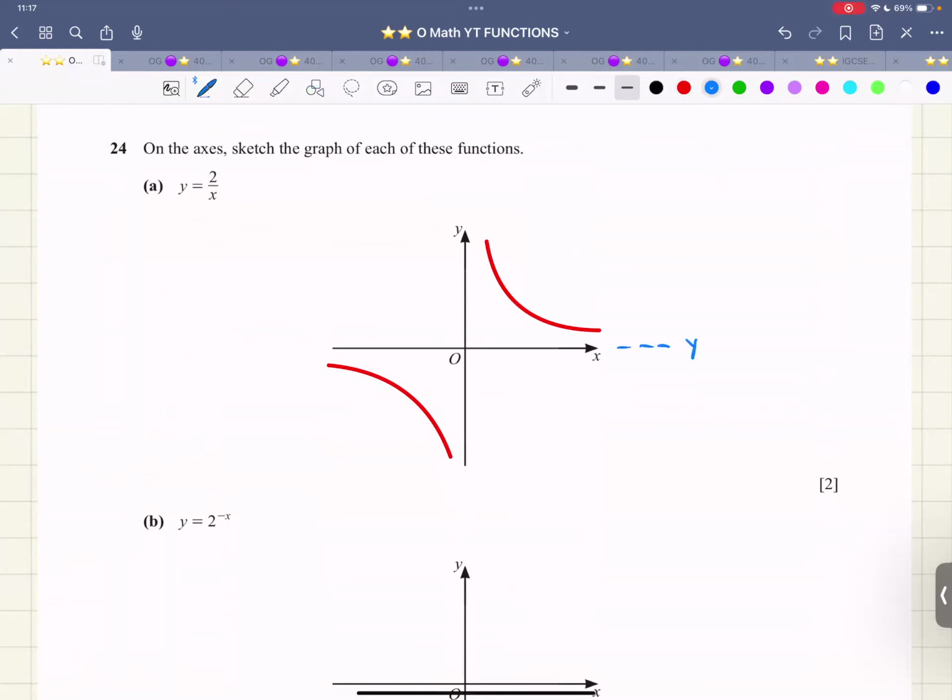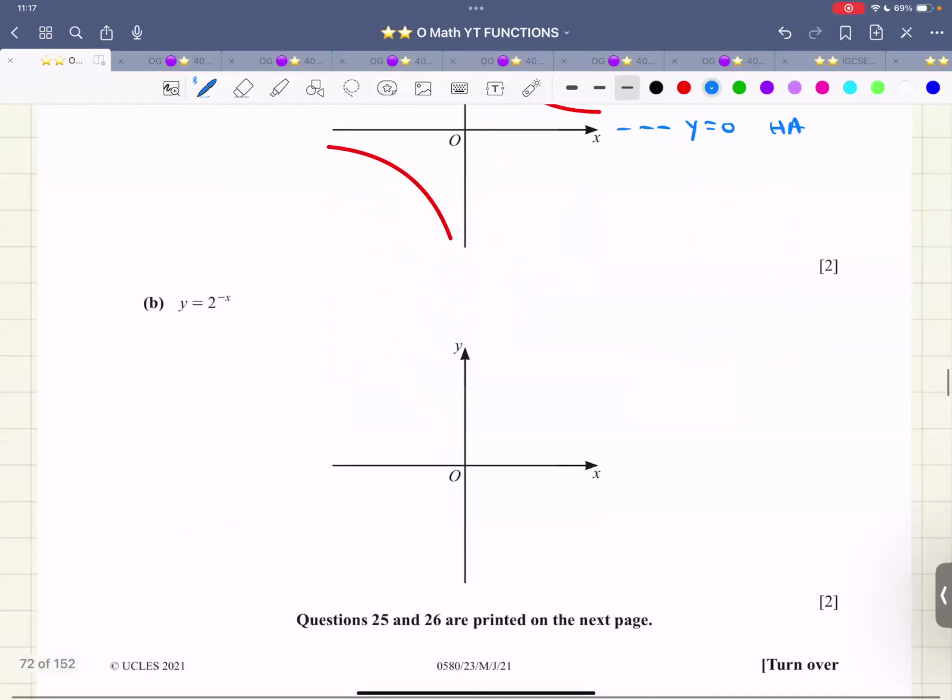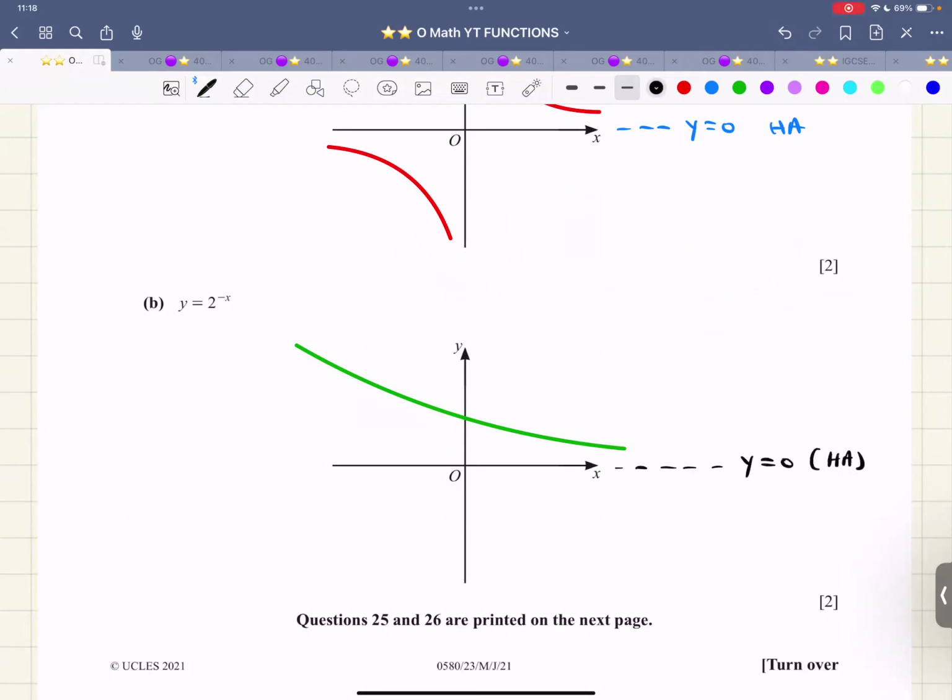That is y is equals to 0, horizontal asymptote, x is equals to 0, vertical asymptote. 2 raised to power of -x, that is 1 over, or there is no need of writing this. 2 raised to power of -x, this is a graph of decay. So let me choose this thing, and this goes like this. And yes, there is also an asymptote over here. This is y is equals to 0, only a horizontal asymptote.